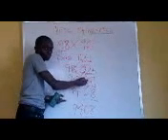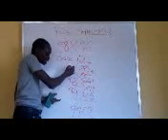Next step, you either use this to subtract this or this to subtract this. Both of them are going to give you the same answer. So you have 96 minus 2, which is 94, or 98 minus 4, which is 94. You combine both numbers together. So the answer is 9,408.